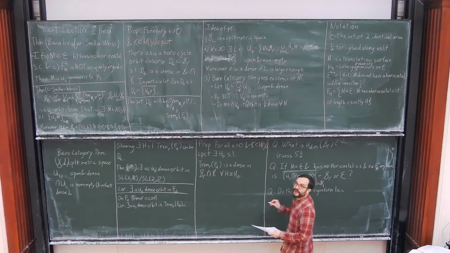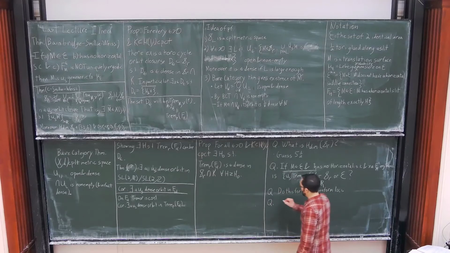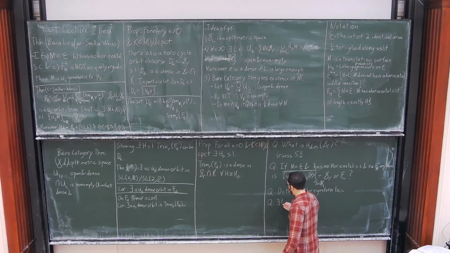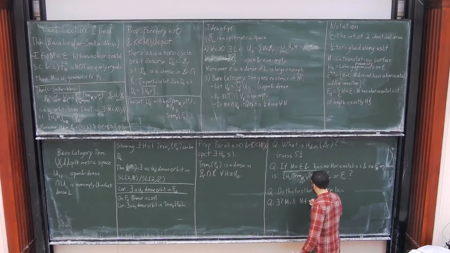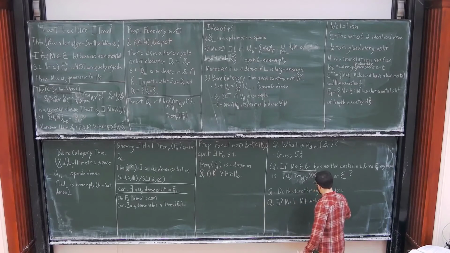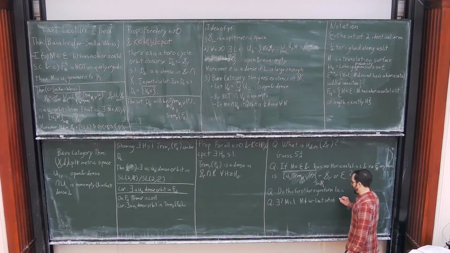All right, we've got more questions. Here's a question I really love, which is, does there exist M so that M is not in the omega limit set of M under U_S?